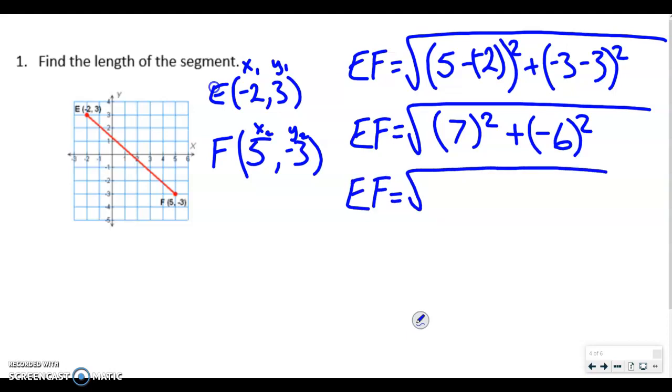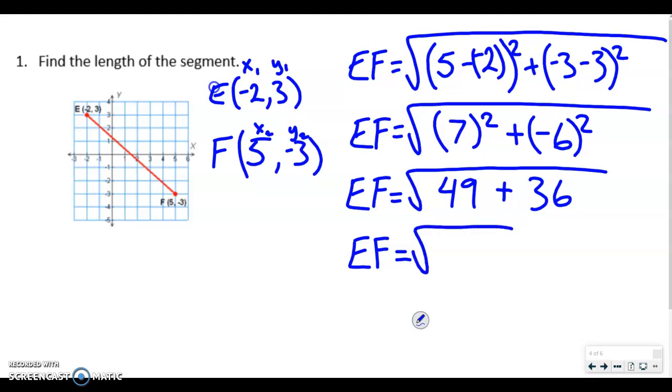So 7 squared is 49, and -6 squared is 36. -6 times -6 will give us a positive 36. Then we can add those together. 49 plus 36, and we get 85.